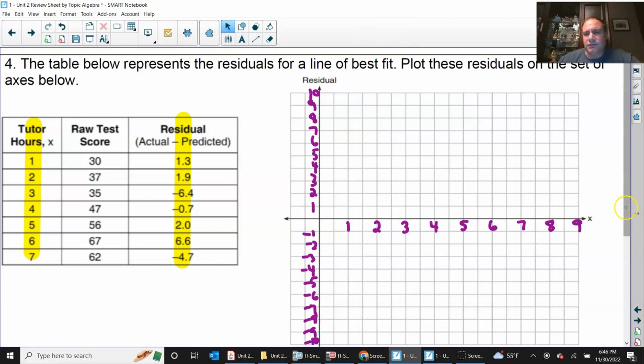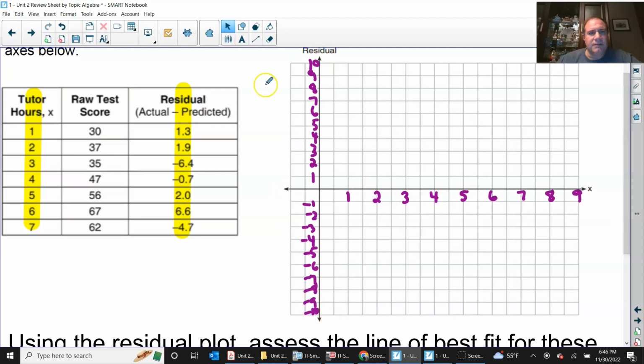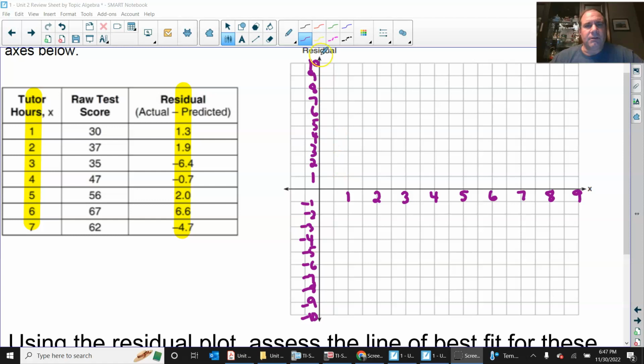All right, try not to put it in the middle of a box like I just did right there. I'm going to move this down just a little bit. Okay, so now we're going to go ahead and plot. When x is 1, the residual is 1.3.